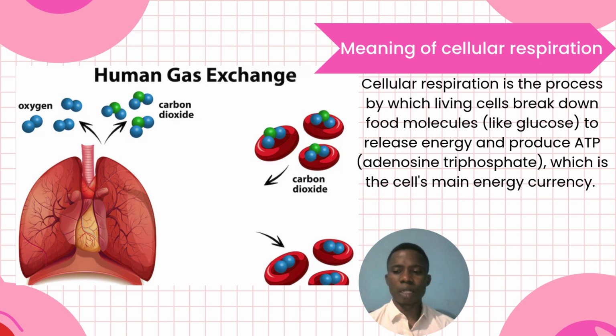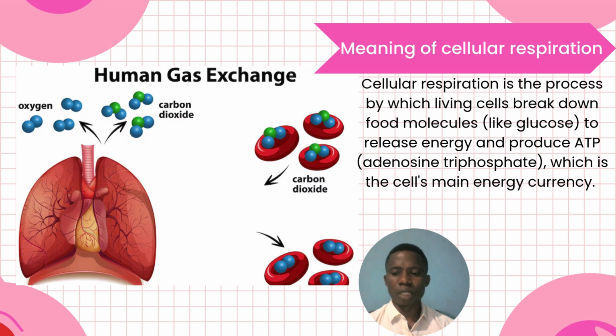In the body cell, which is the right side of the image, our blood carrying oxygen travels to all the cells in our body. Cells need oxygen to get energy from food. This process produces carbon dioxide as a waste. So, oxygen moves from the blood into the cell.